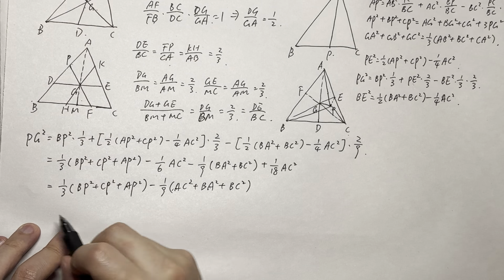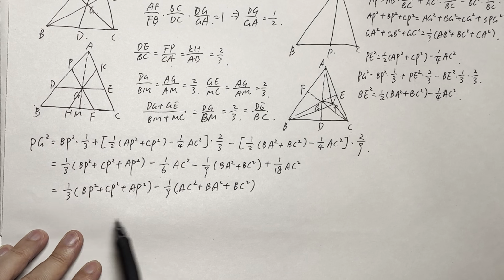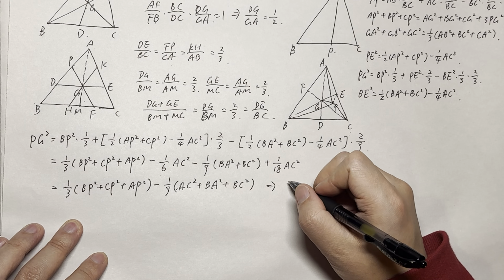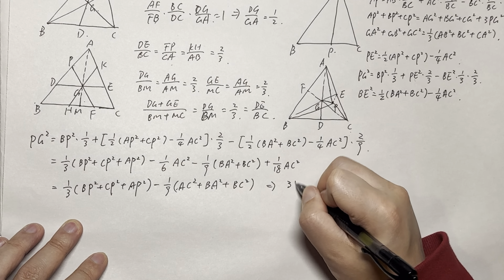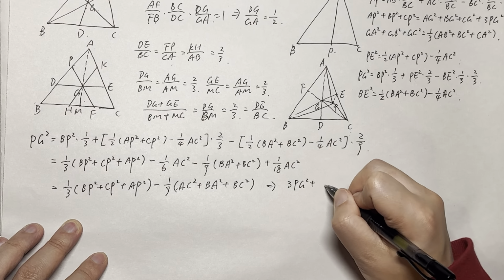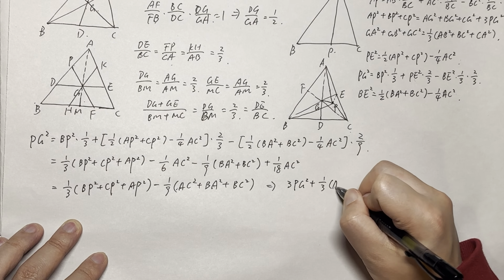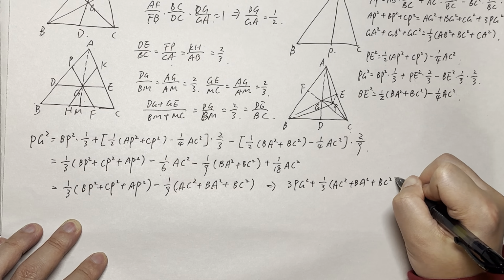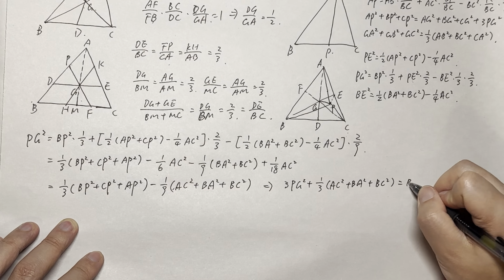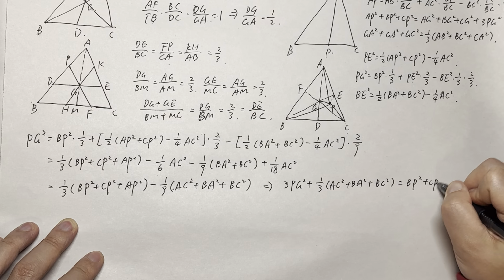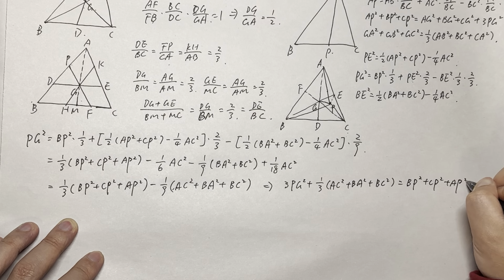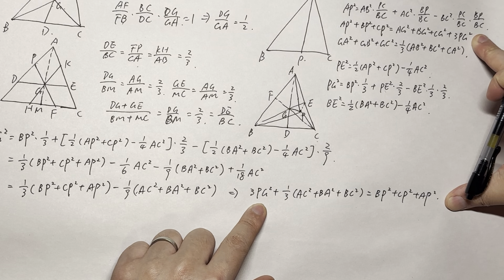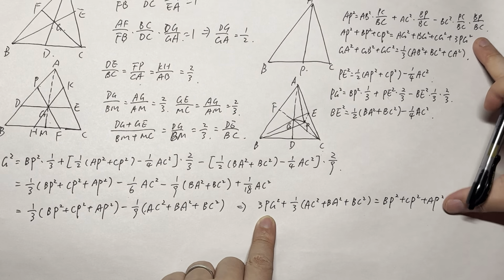So we times 3 on both sides, we got 3PG squared plus 1/3 AC squared plus BA squared plus BC squared equals BP squared plus CP squared plus AP squared, right? And look at these two equations.